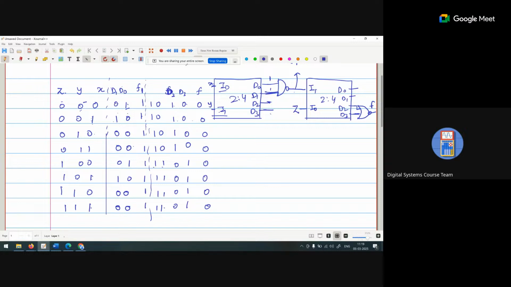Similarly, for 0, 0, 0, 1, 1, 0, and 1, 1, I have written 0, 1, 1, 0, 0, 0, and 0, 0. Any doubt till now? No, sir. Now we have to calculate F. F is nothing but the NAND of D1 and D0.